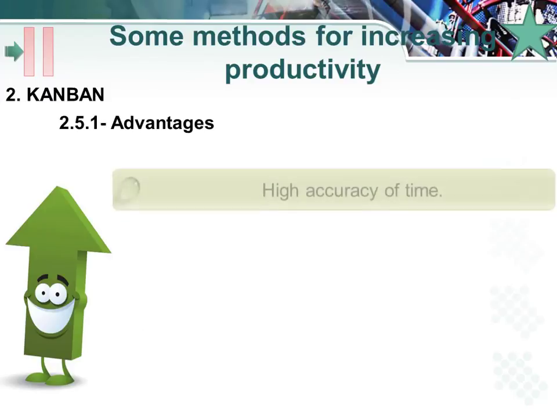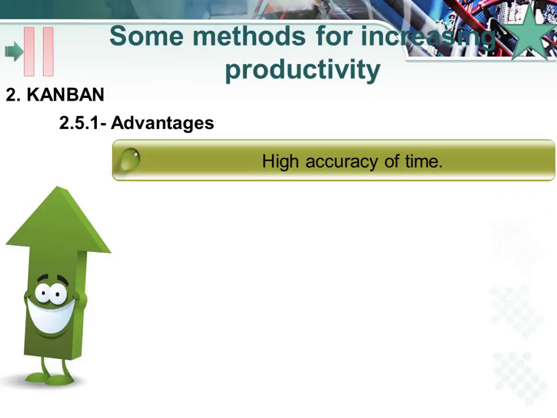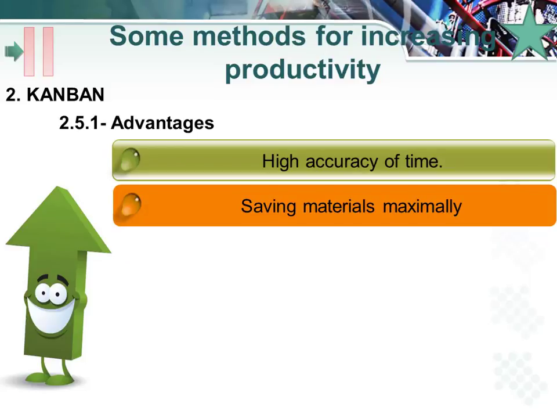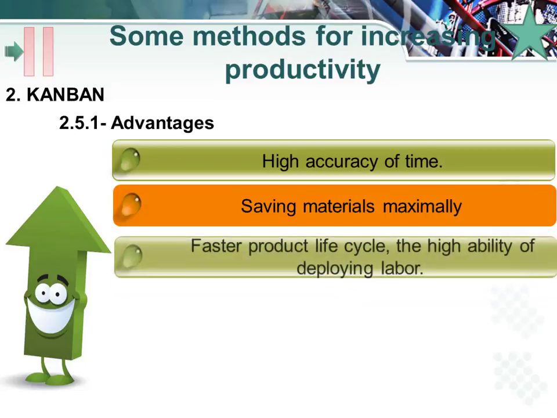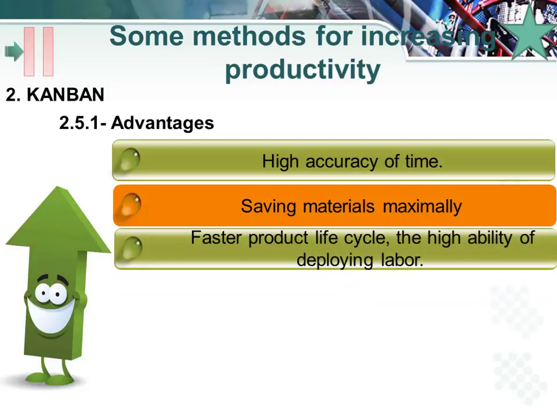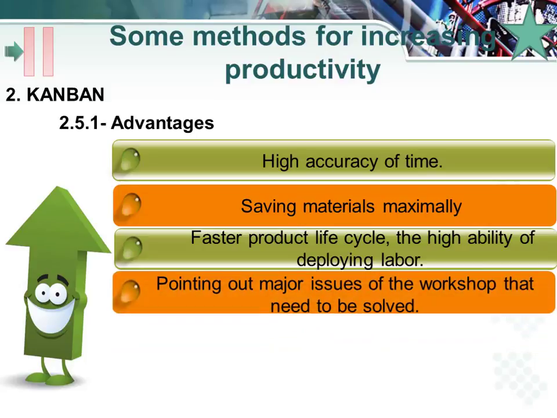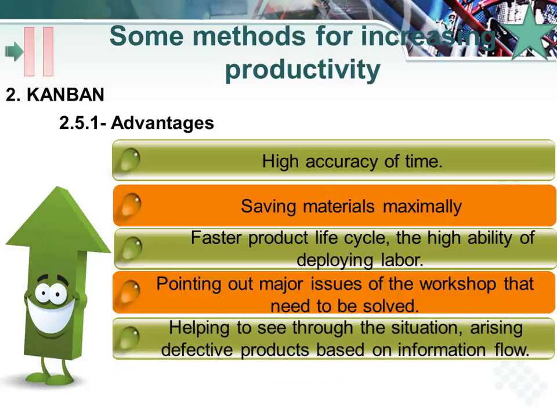The advantages of this method are: first, high accuracy of time. Next, saving material maximally. Go on, faster product line cycle, the high ability of deploying labor. Pointing out major issues of the workshop that need to be solved.